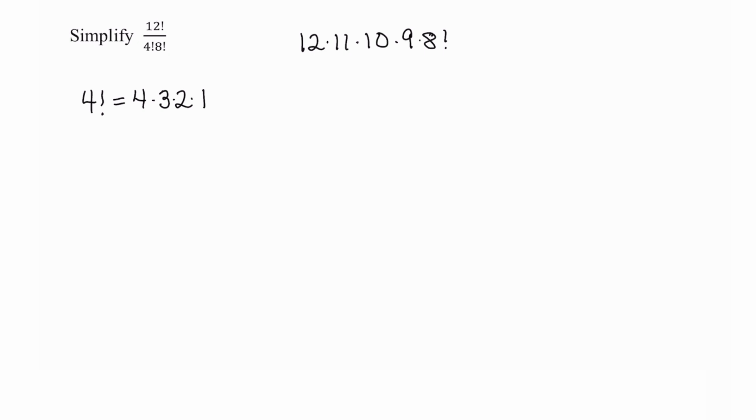So while the 12 factorial does mean 12 times 11 times 10 times 9 times 8 times 7 times 6 times 5 times 4 times 3 times 2 times 1, if I write 12 times 11 times 10 times 9 times 8 factorial, that means the same thing, because that 8 factorial would still be the 8 times 7 times 6 times 5 times 4 times 3 times 2 times 1. I just leave that in a little bit more compact notation.